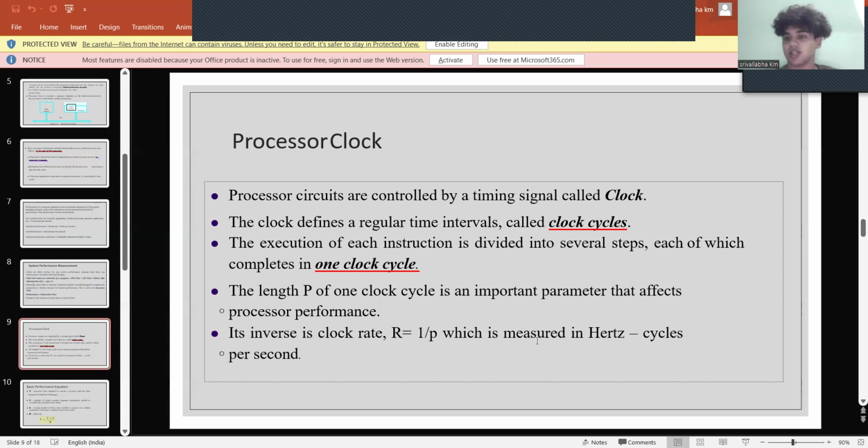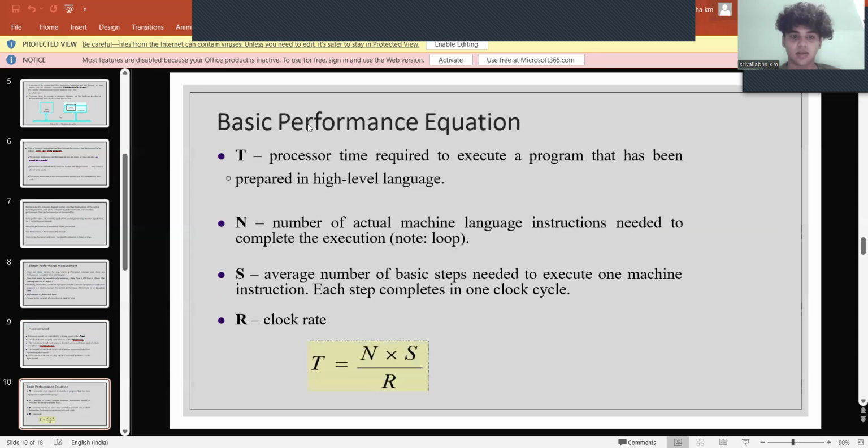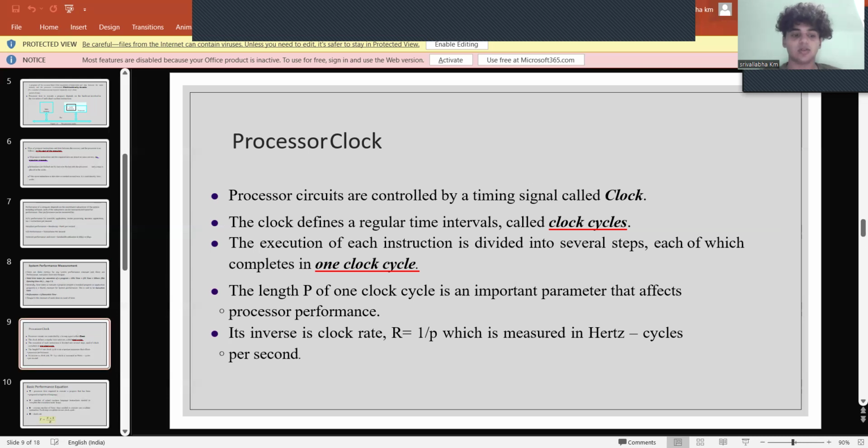Here the clock rate is measured in hertz, or cycles per second. It's the same as what we did in the previous class. Processor clock is over.